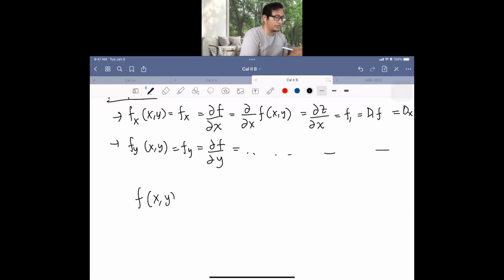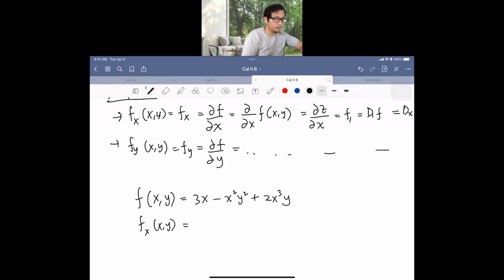If you have f(x, y) equals 3x minus x squared y squared plus 2x cubed y, and we take the partial derivative with respect to x, then we write f_x like that.